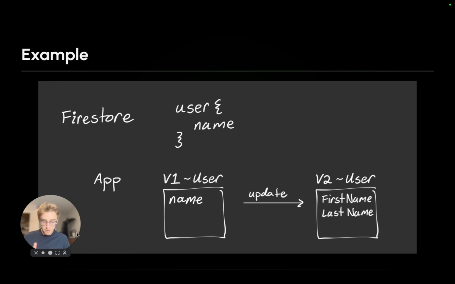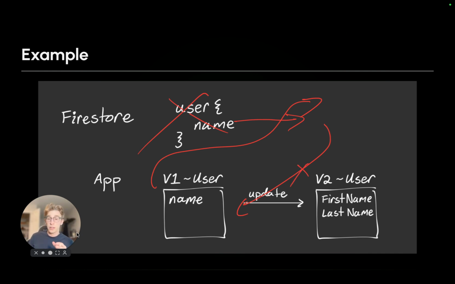That's fine, but now you've introduced this problem. I just got rid of that whole thing. Well, you've just introduced this problem where when your V1 user goes to fetch that data, this no longer exists because you ran that Python script on all of your documents. So now when they go to fetch their data, if they're still on the old version, they're going to have an error. Now there is a migration strategy that you could use here, which is if it pulls in that data, show an alert to the user that says, hey, you need to update the app.